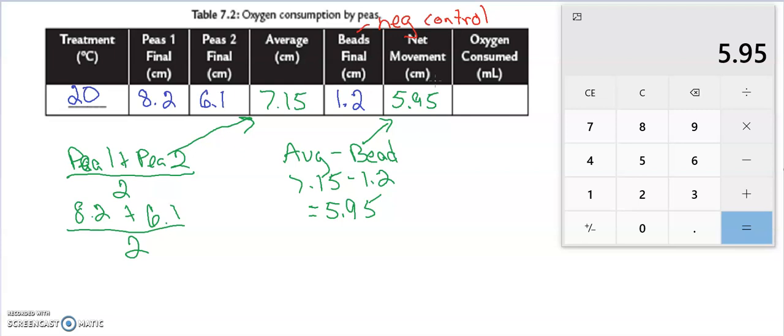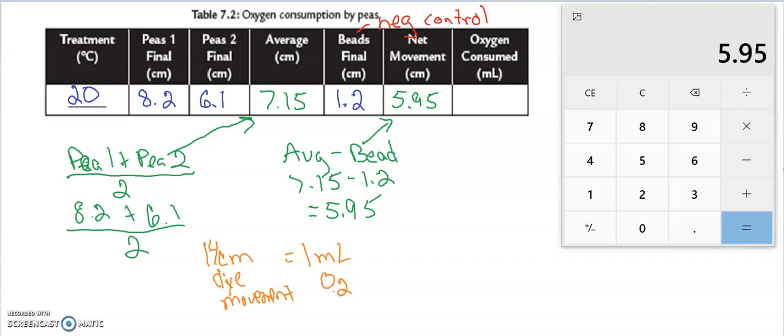But that is not the question that's actually being asked in this experiment, right? The experiment is asking how much oxygen did the peas actually consume. So given our experiment, the way we set it up, and the size of the capillary tubes that we have in the lab, we have a calculation that for every 14 centimeters of dye movement, there is 1 milliliter of oxygen gas that is used.